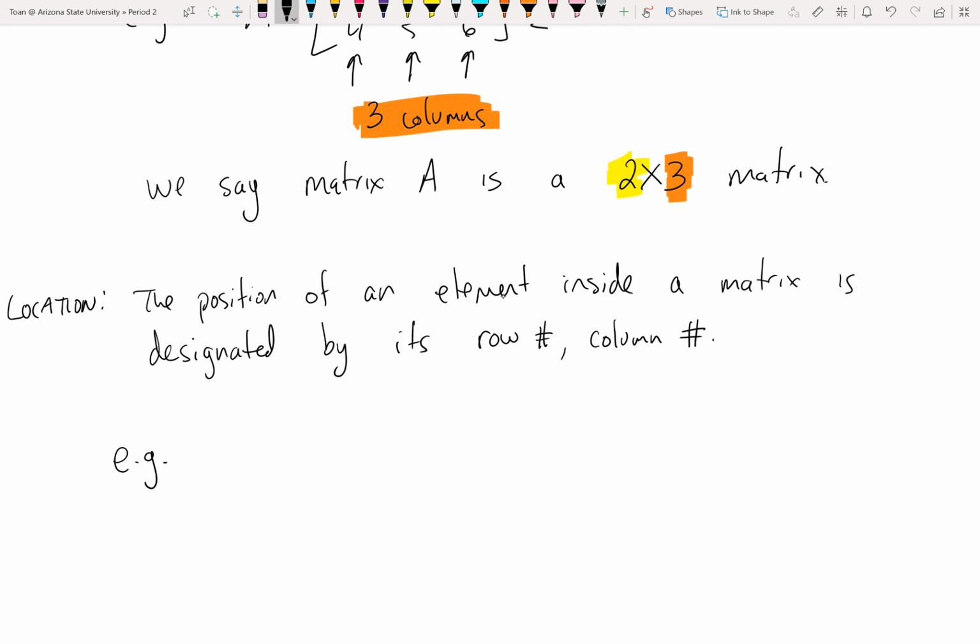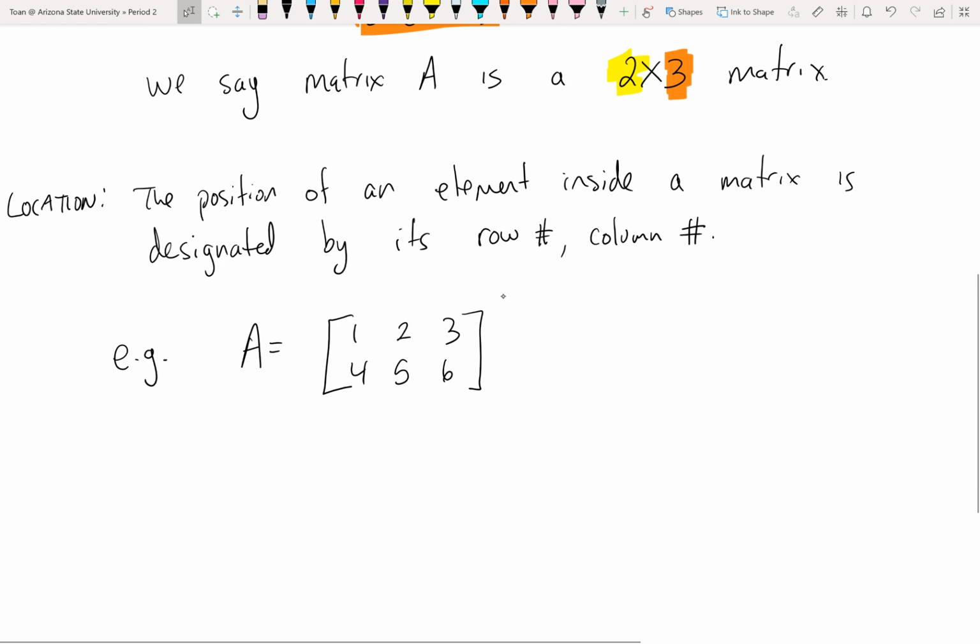For example, let's take a look at an example matrix. Again, my non-clever example. Matrix A, 1, 2, 3, 4, 5, 6. Let's analyze one of the elements. Let's say number 6. Right.